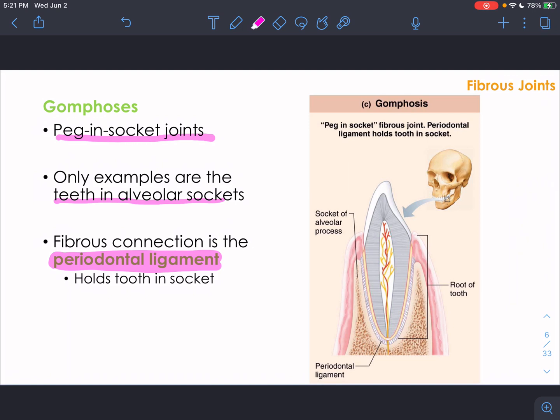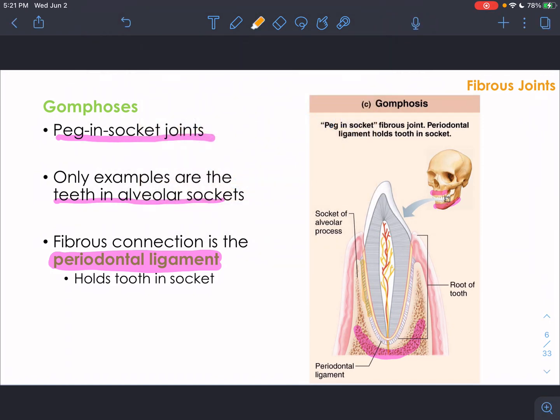Okay, so again, remember, joints are bone-to-bone connections. So these sockets that your teeth are in are obviously going to be part of your mandible in the skull, right? Or your maxilla, depending. Remember, mandible is the bottom part of your jaw, maxilla is the top part. So you're going to have bone, and in the middle, you have this ligament.